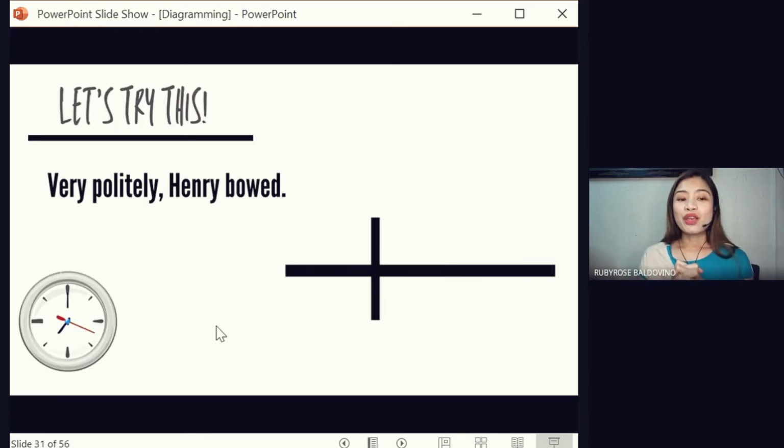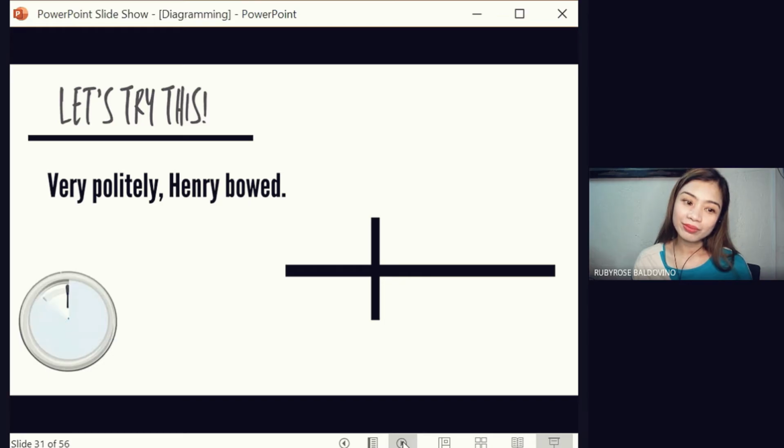Let's try this. Very politely, Henry bowed. How are we going to diagram this sentence? I'll give you 5 seconds. I know the time is too fast, but I know you can imagine how you'll diagram it. So again, identify our subject and verb. Our subject is Henry, and our verb is bowed.